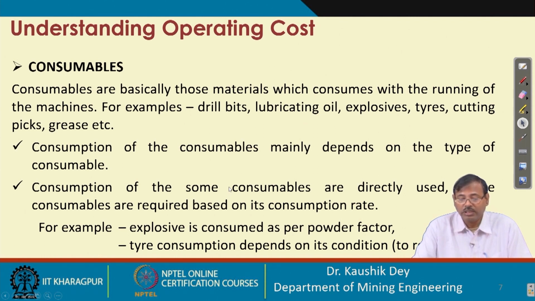That replacement is carried out by observing the condition of the tire. If the condition of the tire is poor, only then do we go for replacement. Similarly for the drill bit and the cutting picks, replacement is carried out based on condition.